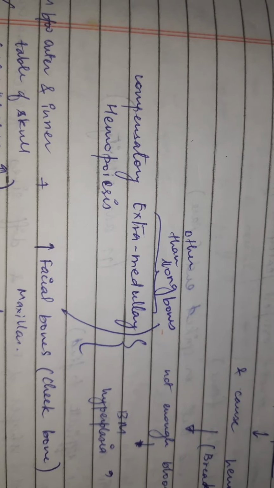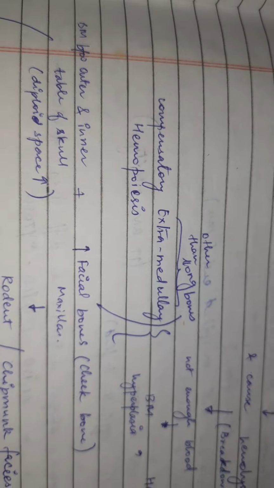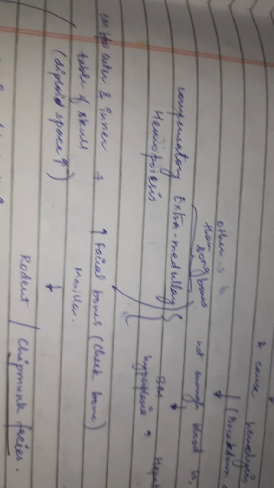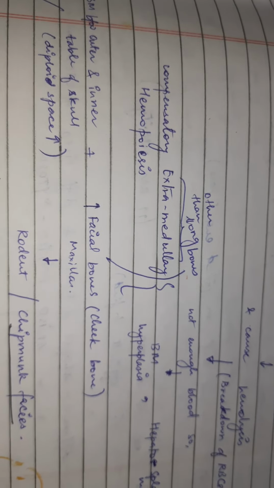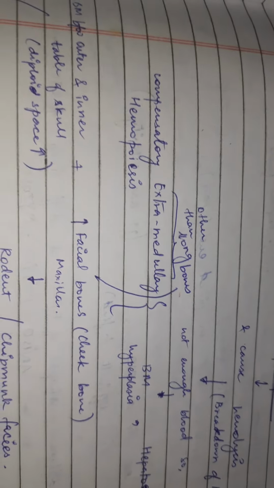Other than in long bones, compensatory extramedullary hemopoiesis can occur, compensatory because not enough blood is present.